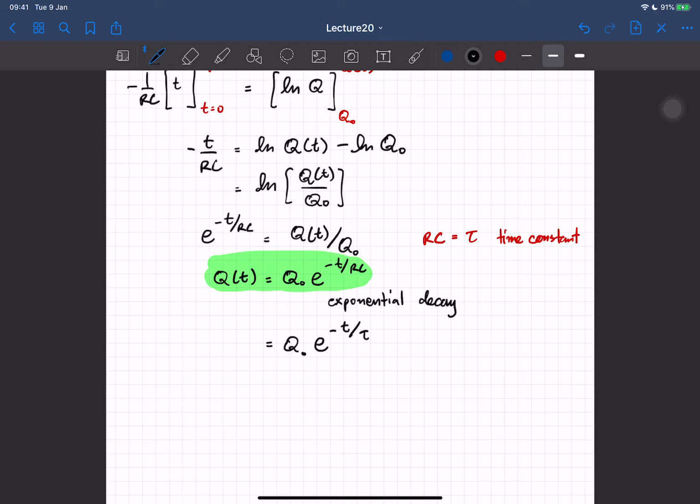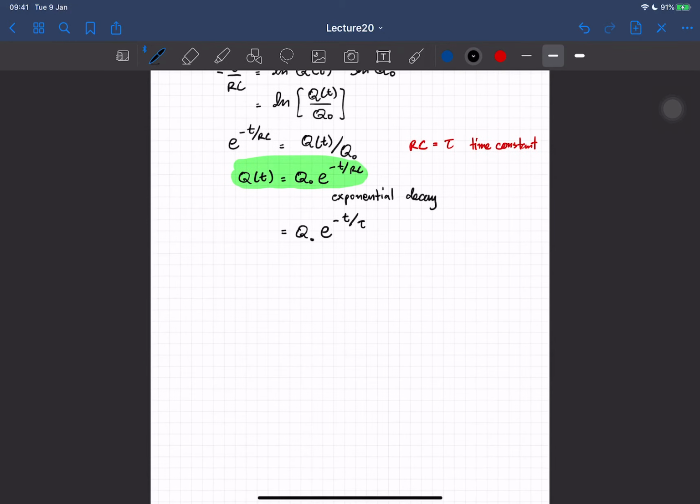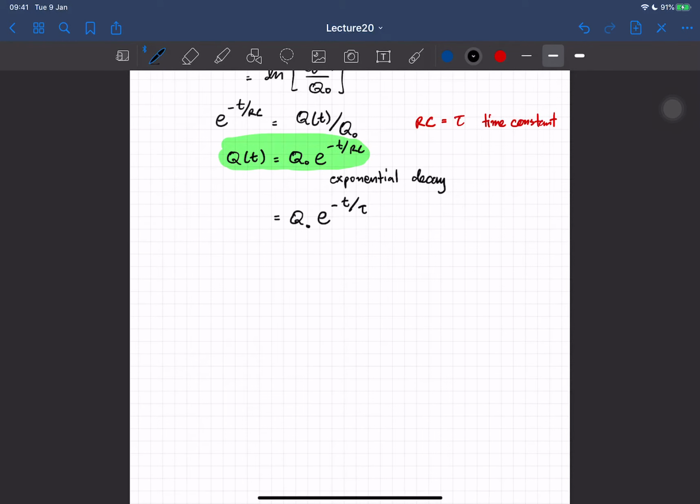Okay. So the time constant, which depends on RC in this case, is just a parameter that tells you how slow or how fast the decay is going to be. And choosing different values of capacitance or resistance will give you different values of tau.